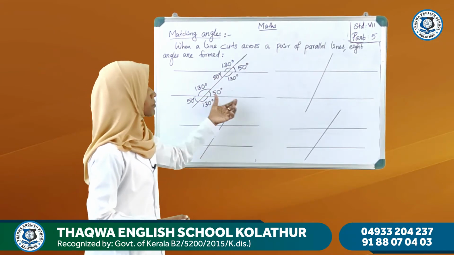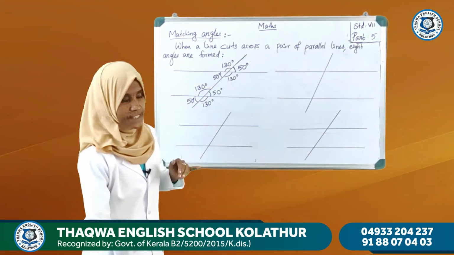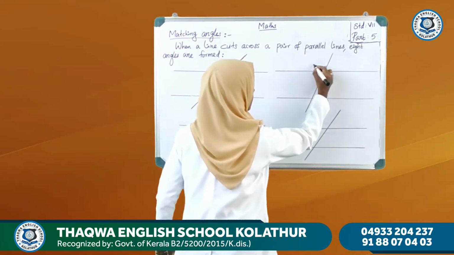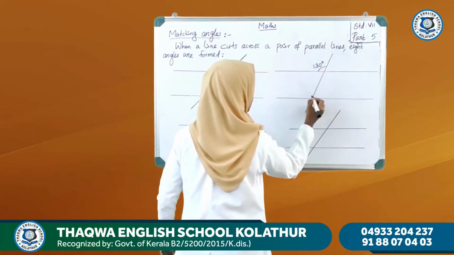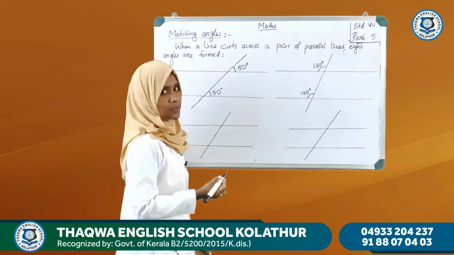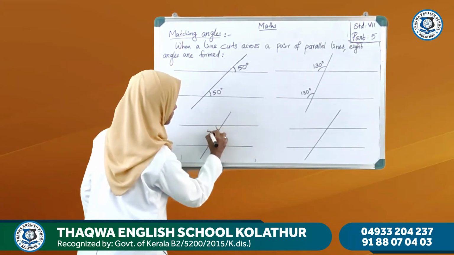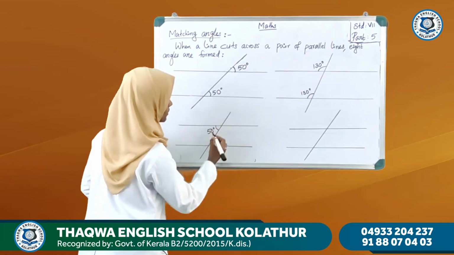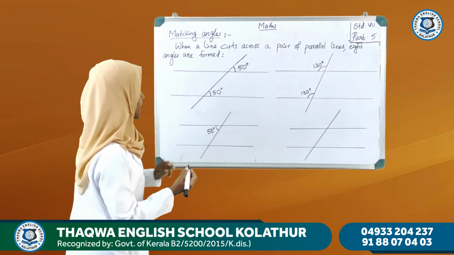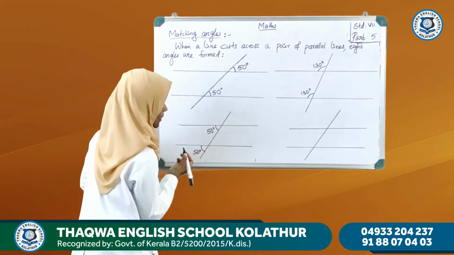Let us mark the equal angles in separate figures. All of you listen. Here 130 degrees and this angle is also 130. The next figure, this angle is 50 degrees and here also 50.